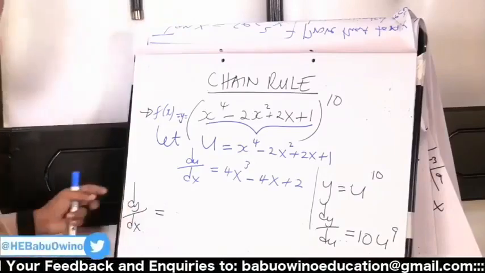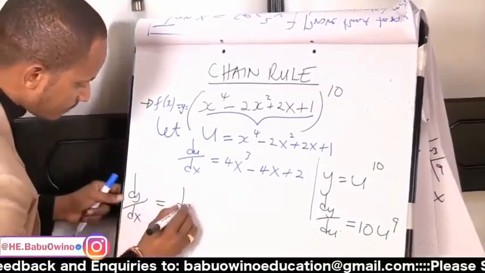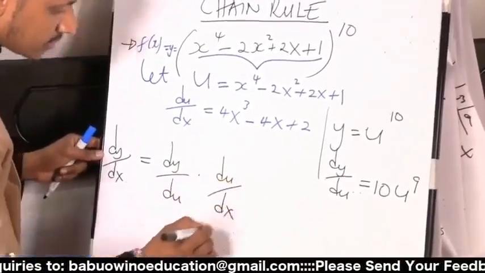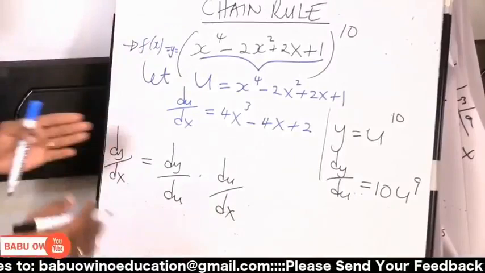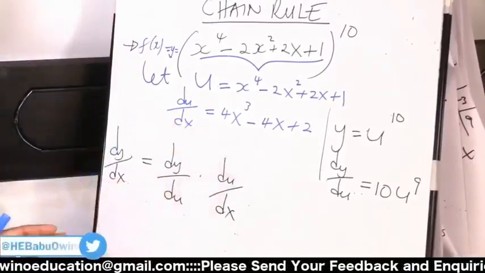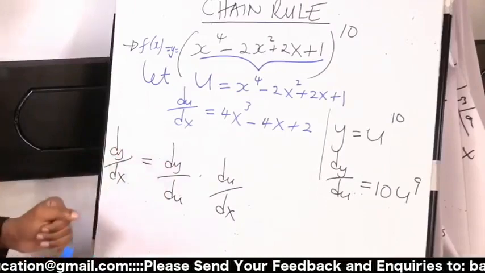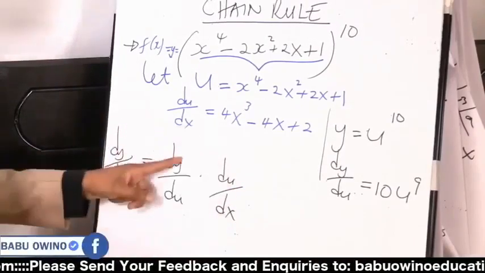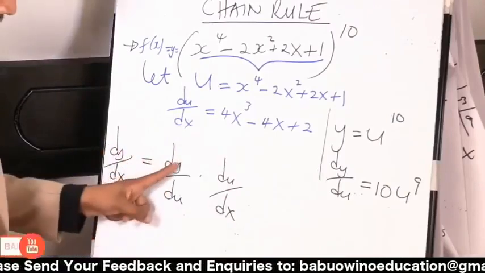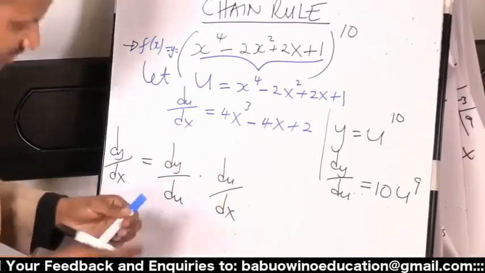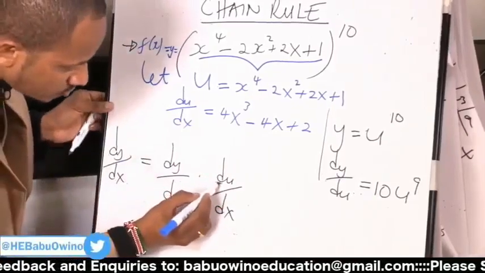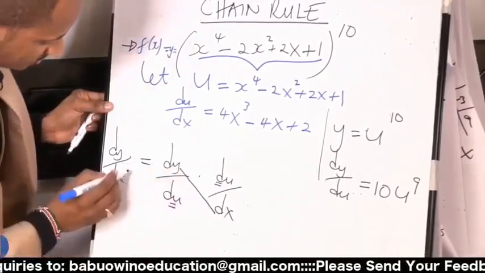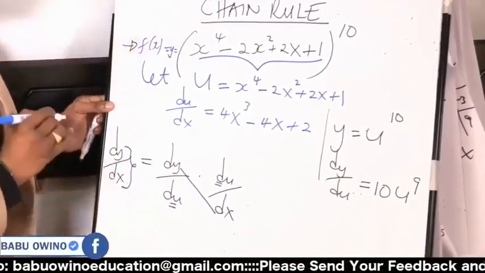Therefore, dy dx equals dy du times du dx. This is just playing around with these differentials, with these letters. dy dx equals dy du times du dx, such that you can easily cancel du and du, so that you remain with dy dx, which is this dy dx.